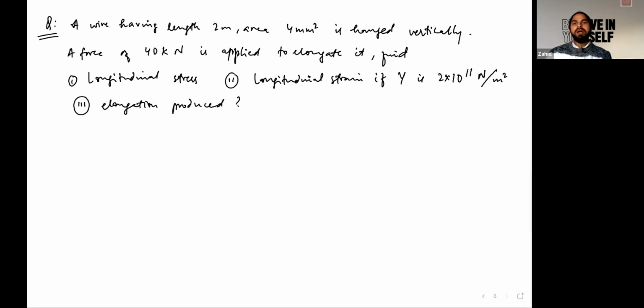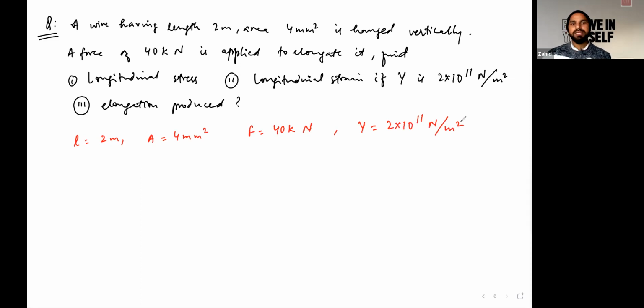First, let me define how to approach a problem. First, check the quantities which are given in the question. We have length of wire as 2 meter, area of cross section 4 mm square, force 40 kilonewton, and Young's modulus 2 into 10 to the power 11 Newton per meter square.